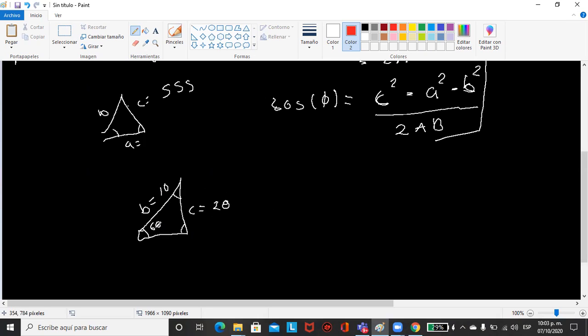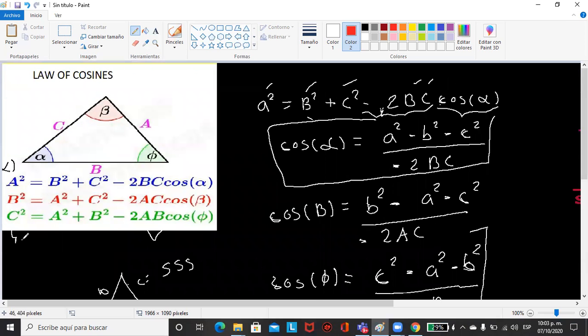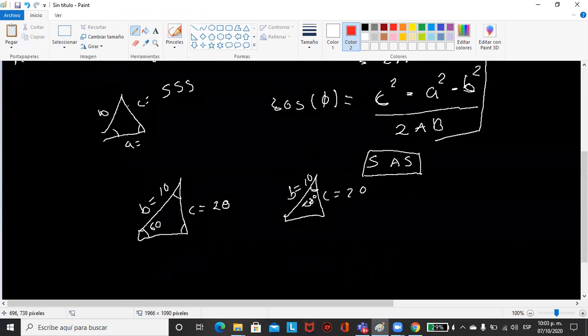In case that we don't have an opposite angle and opposite length, for example, let's suppose that we have C equal to 20, B equal to 10, and that we have this angle, let's suppose that is 30 degrees. So we have here a triangle with side, angle, side, okay? And this kind of problem is also solved with these equations. Okay, so let's try to solve this problem.